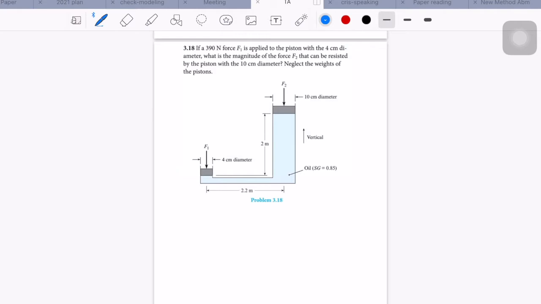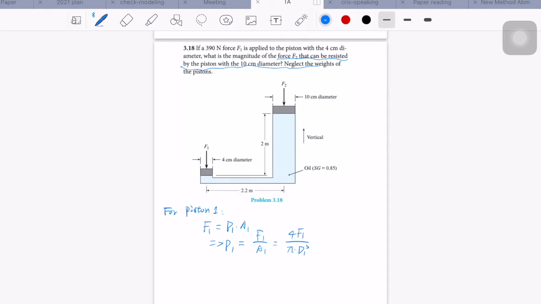For the first problem, we need to determine the magnitude of the force F2 resistant by the piston. And for the piston 1, we know that F1 should be equal to P1 times A1, and we can get that the P1 should be equal to the F1 over A1 equals 4 times F1 over pi times D1 squared.